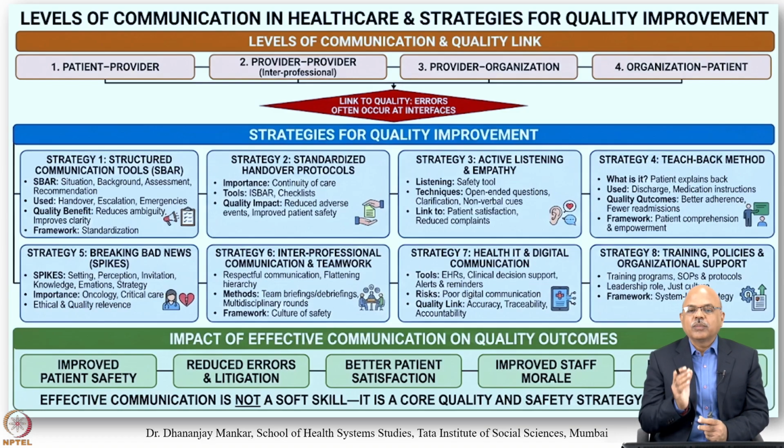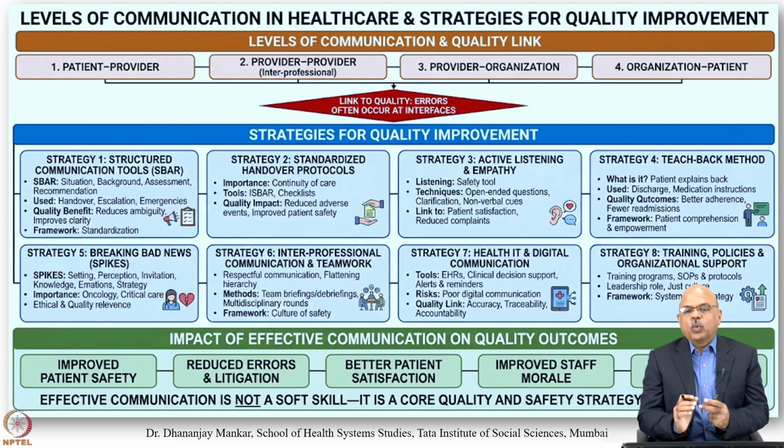Strategy 7 emphasizes health IT and digital communication. Nowadays, with the help of technology and the increasing need for it, you need to have tools like EHR, electronic health record, clinical decision support, alerts and reminders, which give you more benefits to bridge the gap of communication.